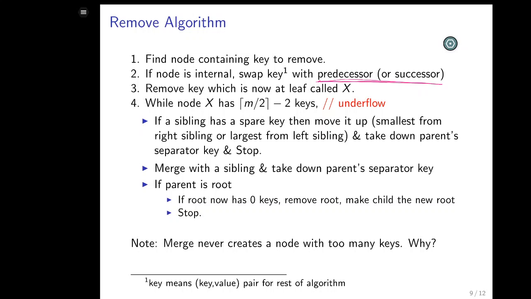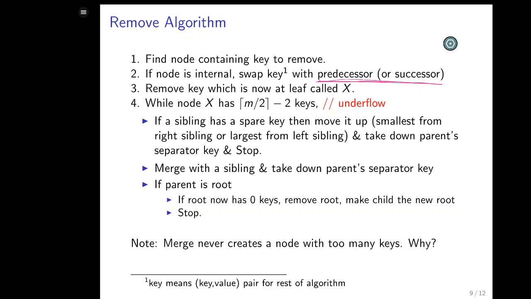To remove something from a leaf, you go down to the leaf and you remove it. And if it works, you're done. But if it doesn't work, which means the number of items in the leaf has gone below the halfway capacity, the m over 2 minus 1, then you're in trouble.